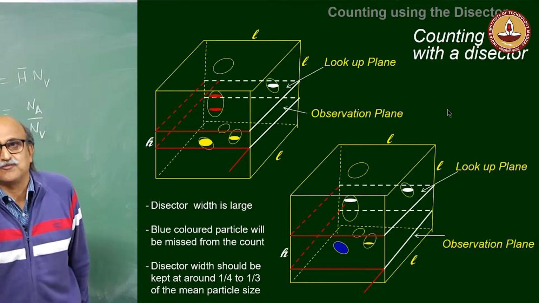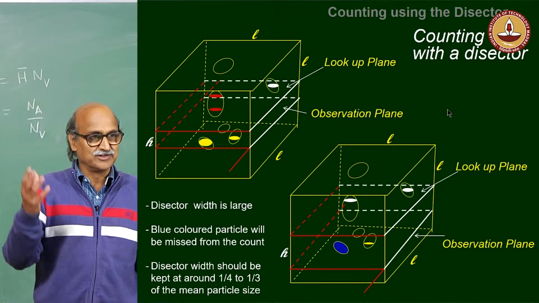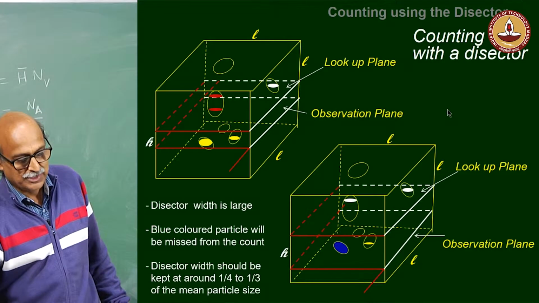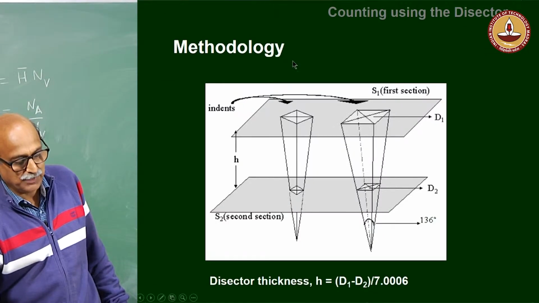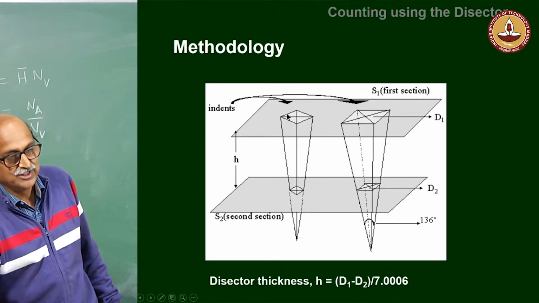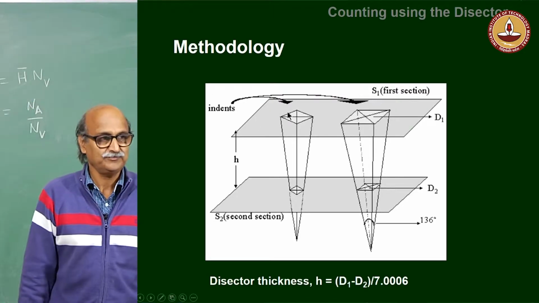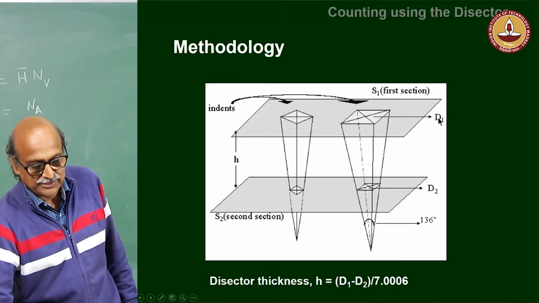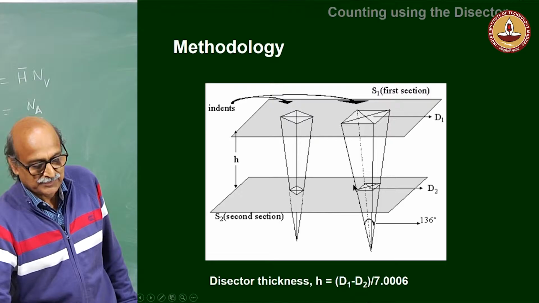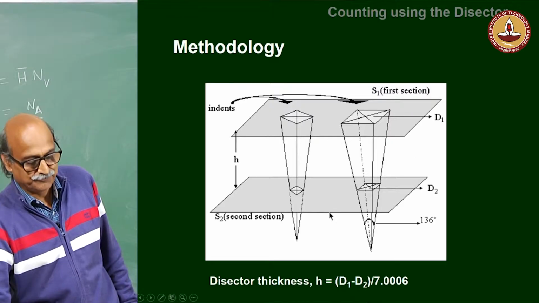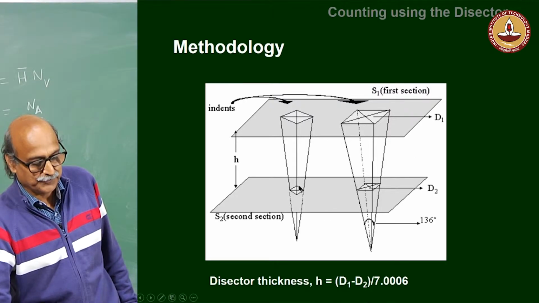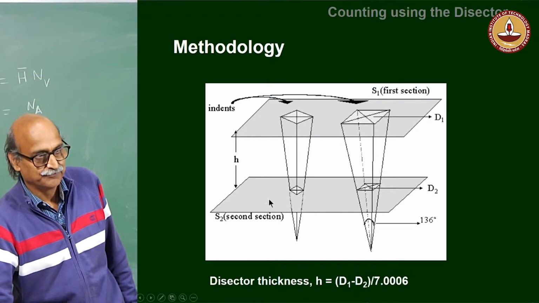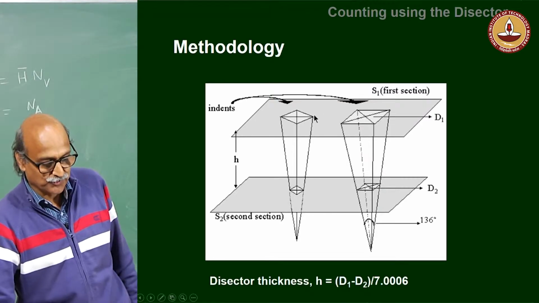You are all aware of the micro hardness indenter, right? It is a pyramidal in shape. So, what you do is on the first plane, on the first section, you put an indent. It will have a certain dimension, diagonal length d1. When you remove the material, this diagonal length will go down, right? This much material is gone. So, your indenter should be long enough, of course.